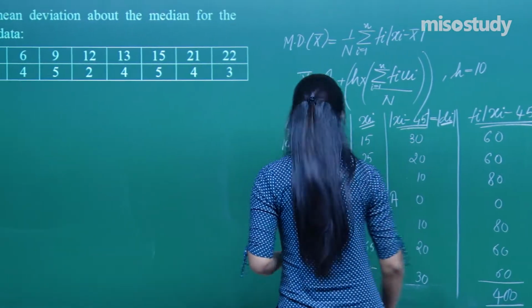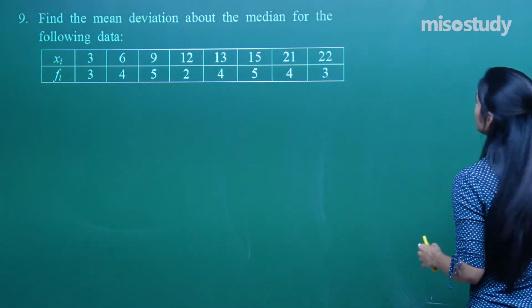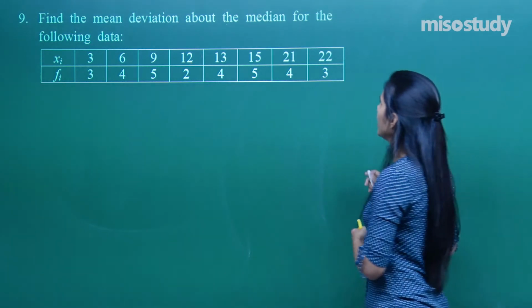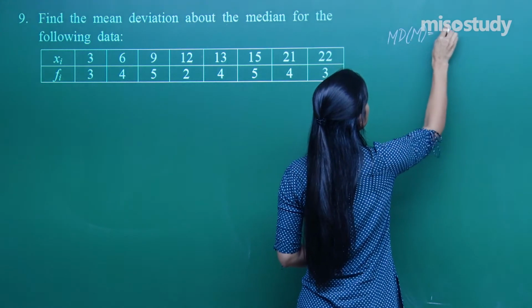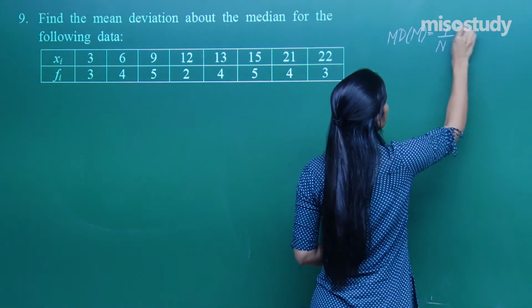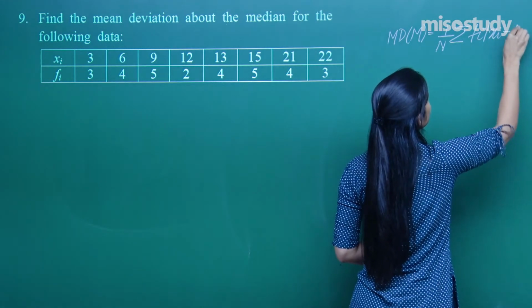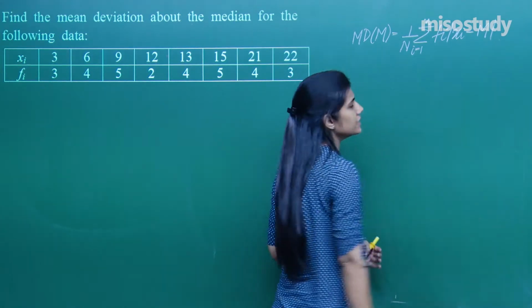Next we have: find the mean deviation about median for the following data. So now the data is of discrete frequency distribution. Again I know that mean deviation about median is given by the same formula, 1 by capital N summation fi mod of xi minus capital M this time, where capital M is representing the median.